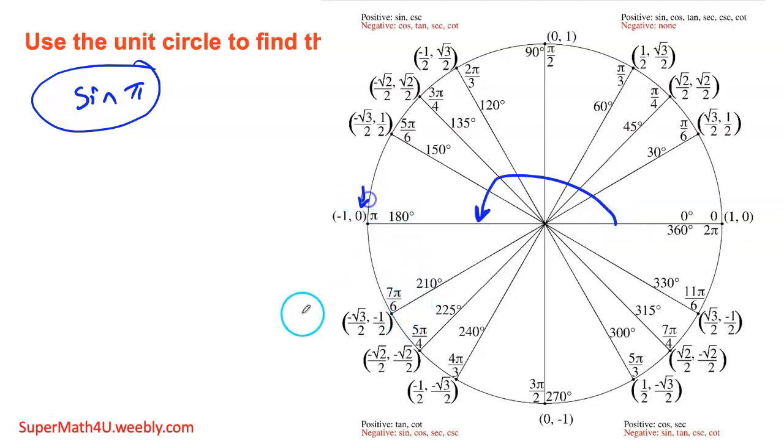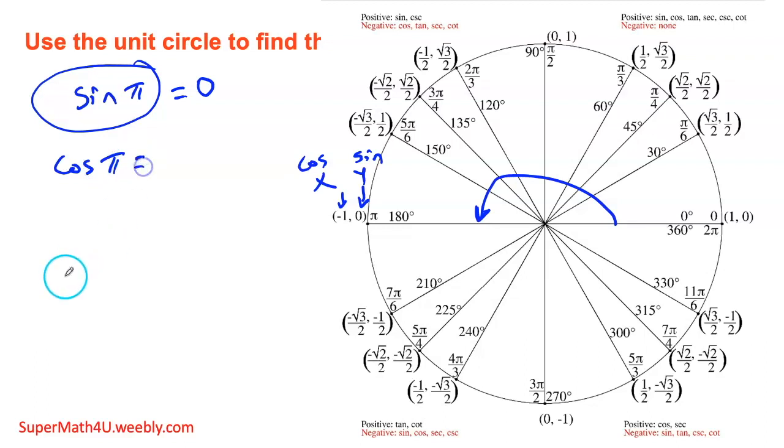Remember, this is the x and this is the y, this is the cosine and this is the sine, always. As soon as I identify the angle, if this is sine, then I'm looking for the y value, and this is 0, so sine of pi is 0, okay? Let's say that I give you cosine of pi. Again, this is pi, and my cosine is going to be the x value, which is negative 1.